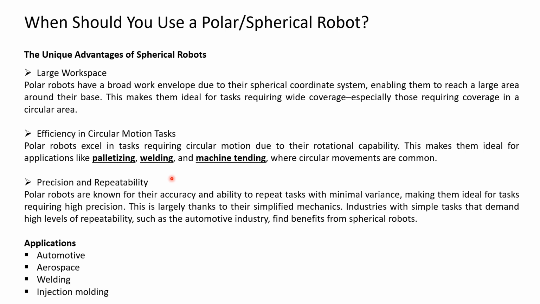That's why they are ideal for palletizing and welding applications. And then precision and repeatability. They have good accuracy and good repeatability with minimum variance. That's why they are ideal for tasks which require high precision. Applications like automotive, aerospace, welding, injection molding, these kinds of robots are used.